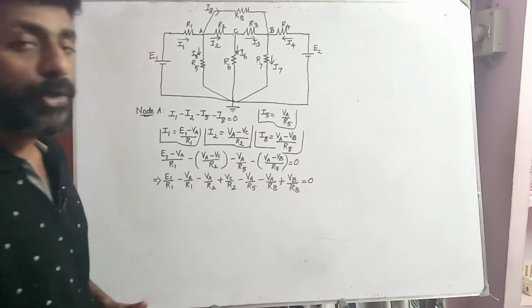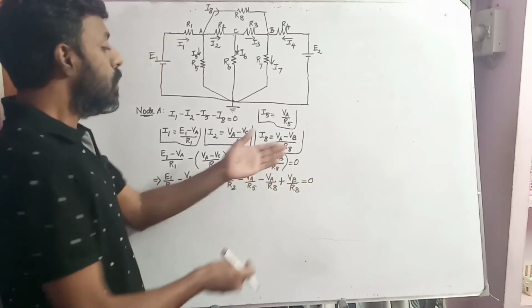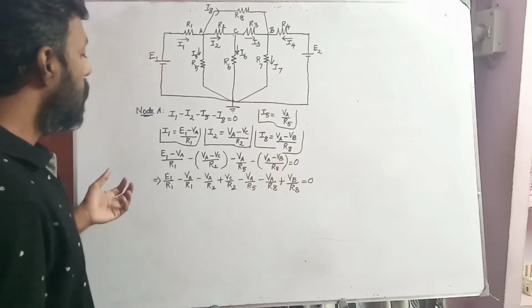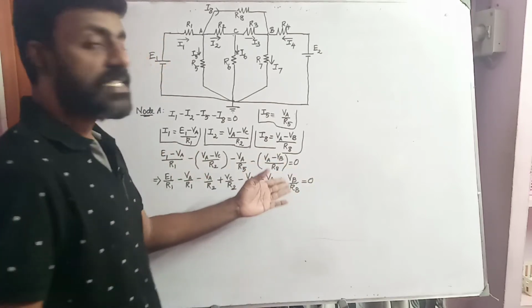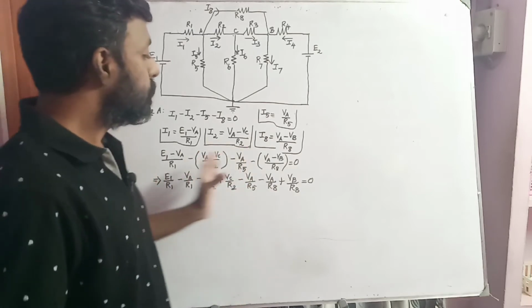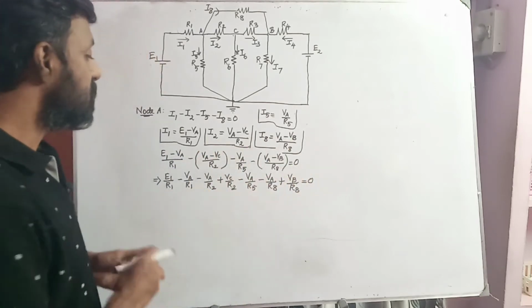So now what I am going to do is combine all the node voltages at the point A, and combine all the node voltages at point B, similarly at point C, and I am going to work out this expression finally.